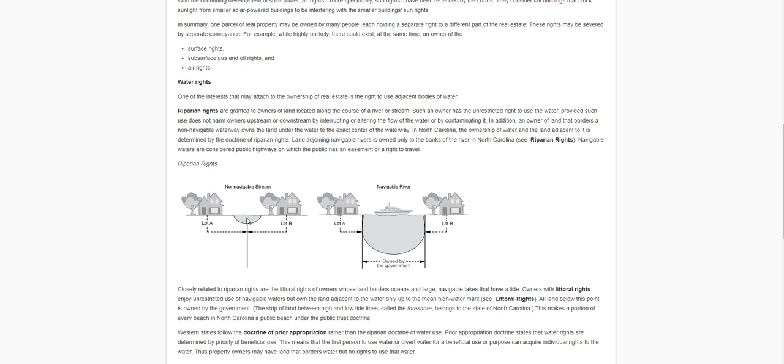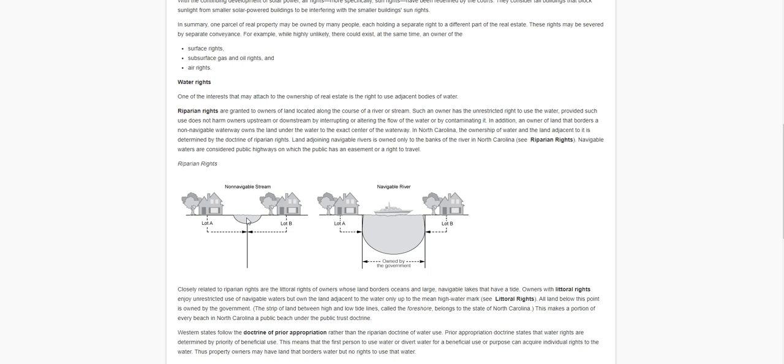So if you can't navigate the stream, but is it adjacent bodies of water? So is it the right to use adjacent bodies of water? But where does the lot end? It's weird because is it ownership of land with the unrestricted right to use the water, as long as you don't harm or alter the flow by contaminating it.